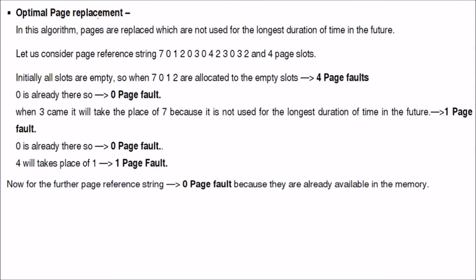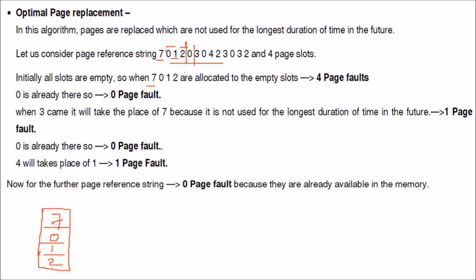Optimal page replacement. In this algorithm, pages are replaced which are not used for the longest duration of time in the future. So let us consider this string with 4 page slots. First 7 will come. 7 will be placed here, 1 page fault, then 0, then 1, then 2. 7, 0, 1, 2 will be done like this.